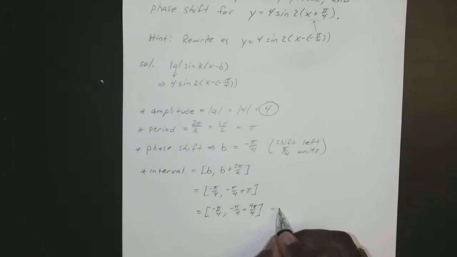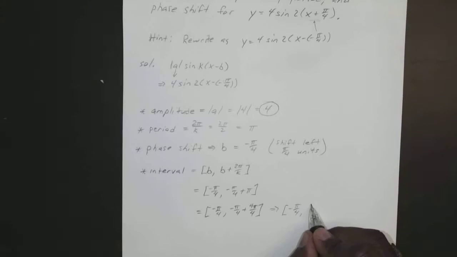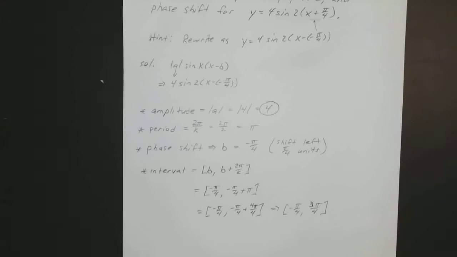So that would be 3 pi over 4. So it would go from negative pi over 4 to 3 pi over 4. Okay, so that would be our interval.